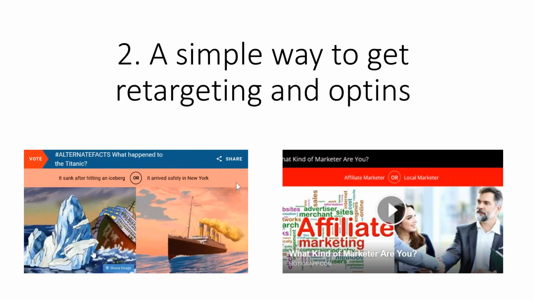Okay, number 2, our simple strategy here. A simple way to get retargeting and opt-ins is picture polling. Now, this was actually a GIF, and for some reason it's not working, but these are some picture polls, and I'm going to show you what picture polls are. How many people, give me a 1 if you've heard of Mints app or Motion app?